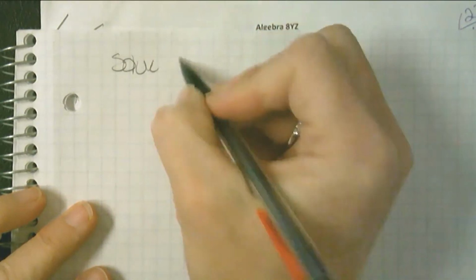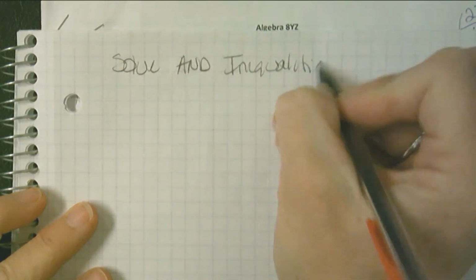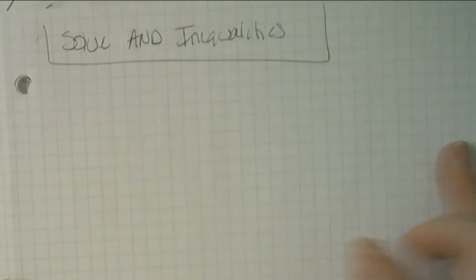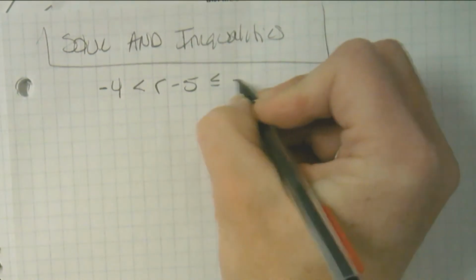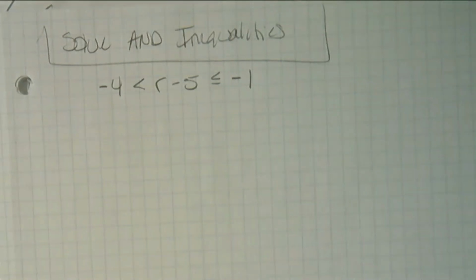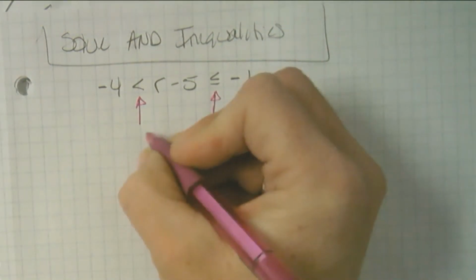All right, let's talk about solving compound inequalities with ands. So let's solve and inequalities. So typically ands look like this: -4 is less than r minus 5, which is less than or equal to -1. So the characteristics of this are, first of all, we have less than symbols.